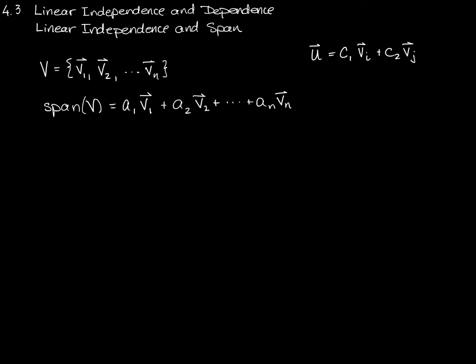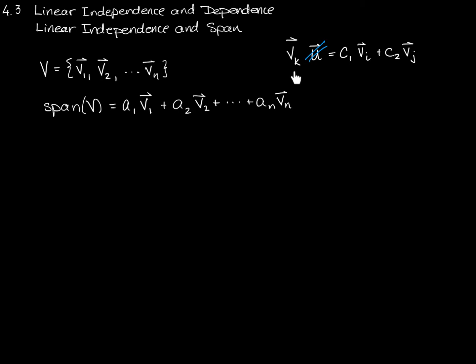If it turns out that u is one of the vectors in this set of vectors, in other words, if I renamed this, say, for example, v sub k, and by implication that vector is in here, then I can say that this vector v sub k is in the span of this set of vectors, but it's also in that set of vectors.